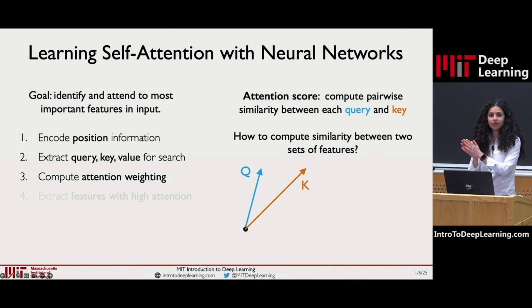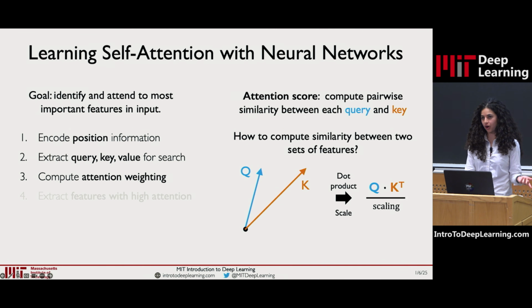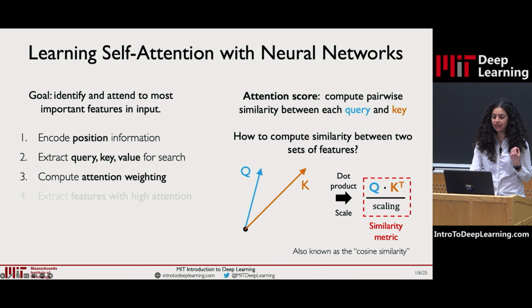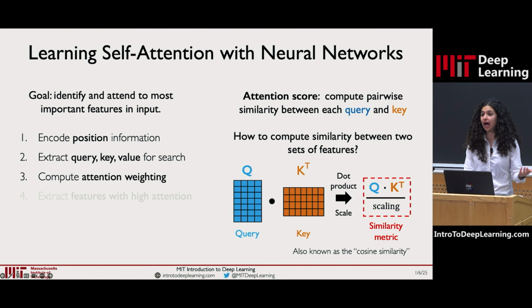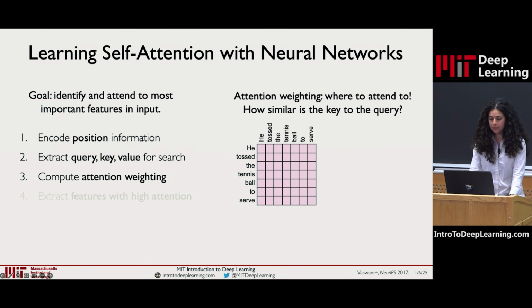What we can do mathematically using linear algebra is measure the similarity of those vectors in space using the dot product. That tells us how close they are to each other. We can scale it, and this gives us a very concrete similarity metric that captures the similarity between the query and the key. That same principle can apply now to matrices as well. Dot product and scaling, that gives us a similarity metric.